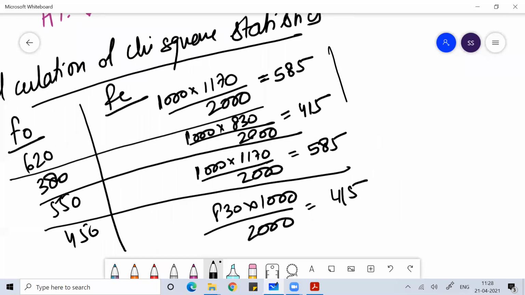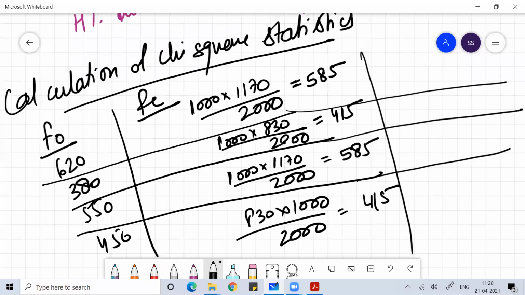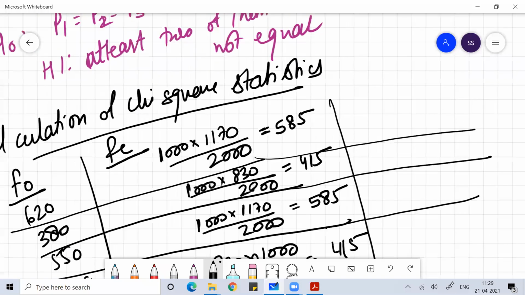Let me know if there's any calculation mistake. So the formula for the expected frequency is row total into column total divided by total value. Once you get the observed frequency, you get the expected frequency.